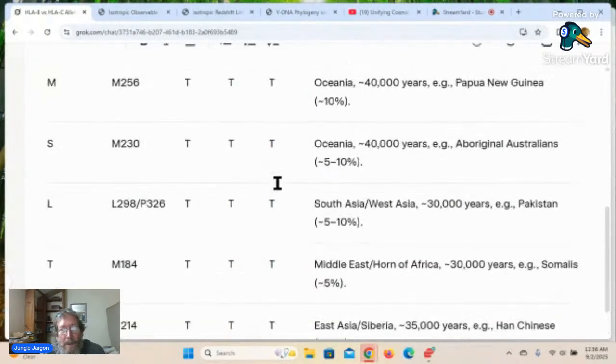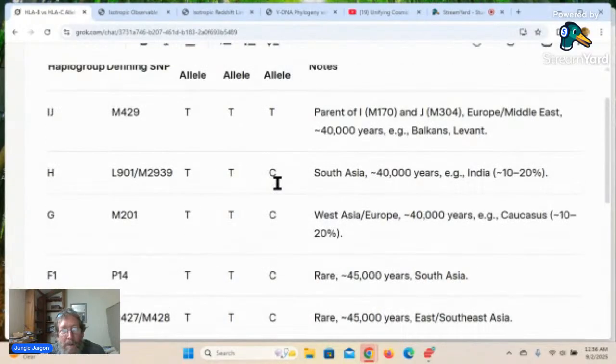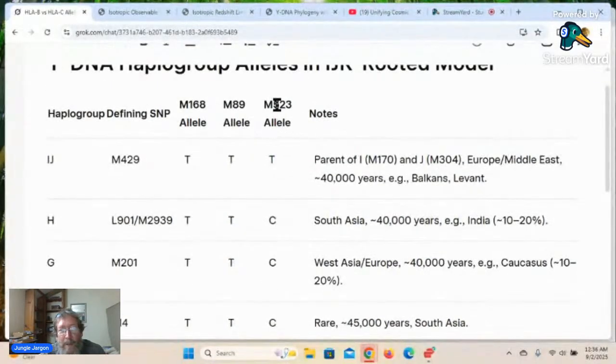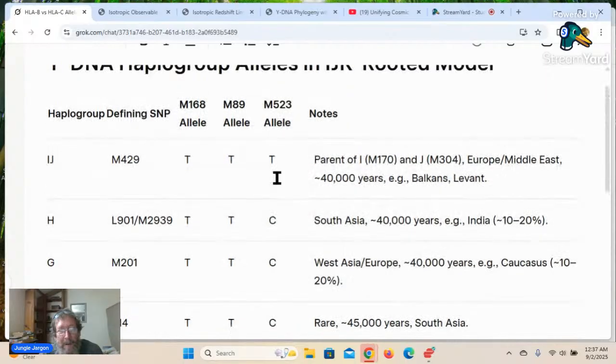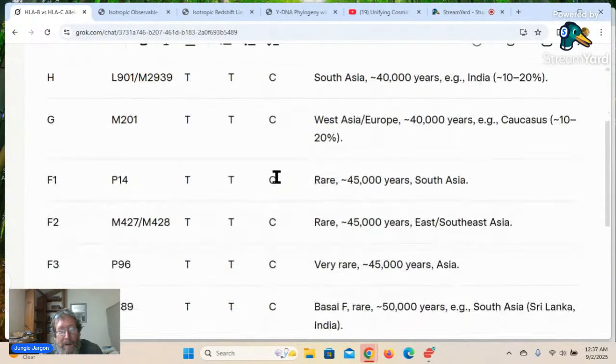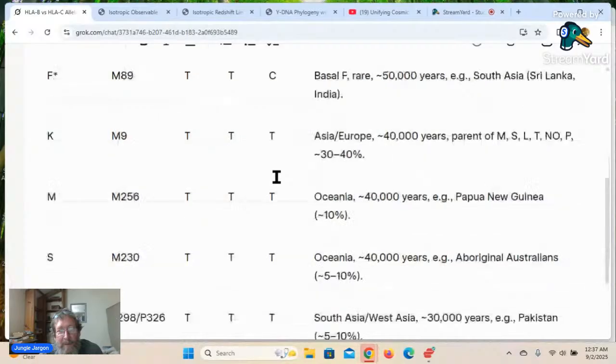So that means that it would have had to change in two lineages: in Shem, or the descendants of Shem after Arpachshad, and the descendants of Ham.